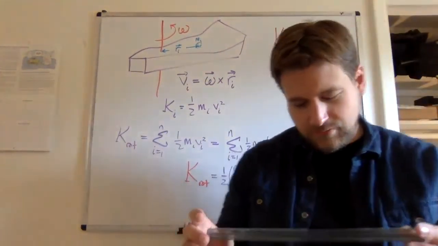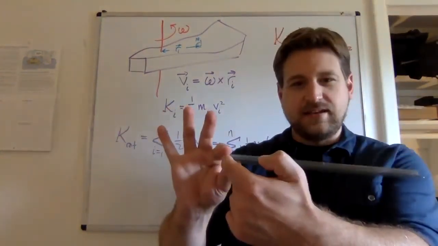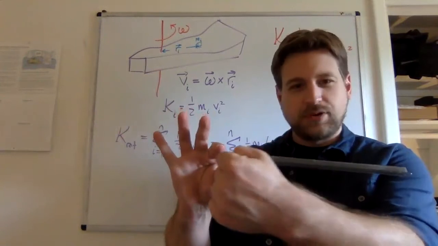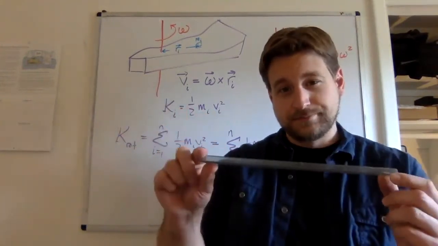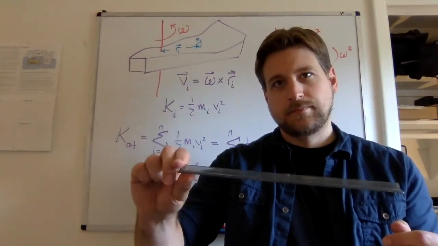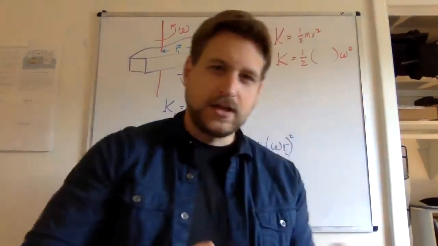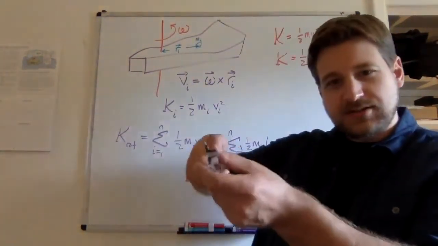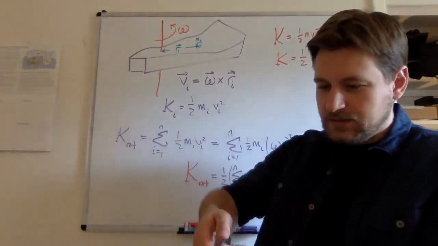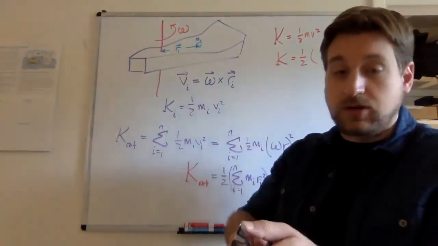Asking for this ruler to rotate around its end, around an axis perpendicular to the length of the ruler, is more difficult. You know, if I cause it to rotate around this axis, it'll rotate once, maybe, oh wow, a lot of times that one.